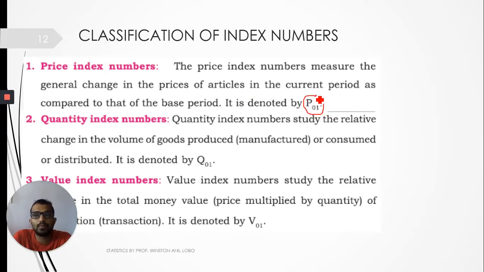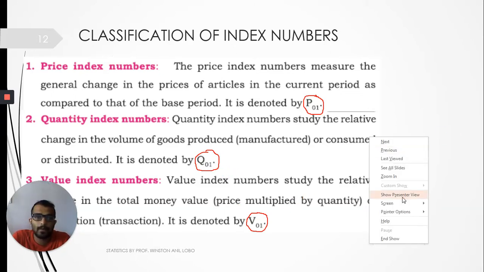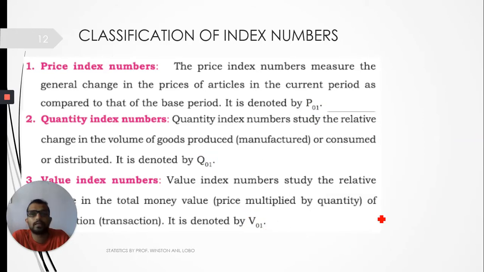Whenever they ask you to find the price index number, you will write capital P and 01, which is the current year compared to the base year. The quantity index number is called Q01, and the value index number is called V01. This is all you need to remember from this slide.